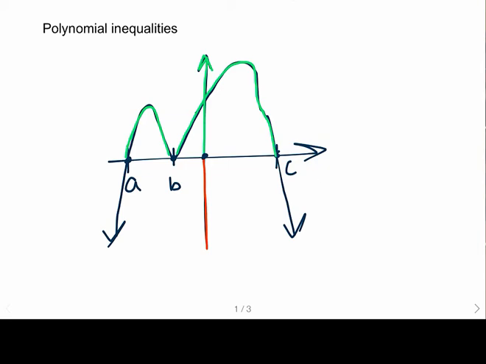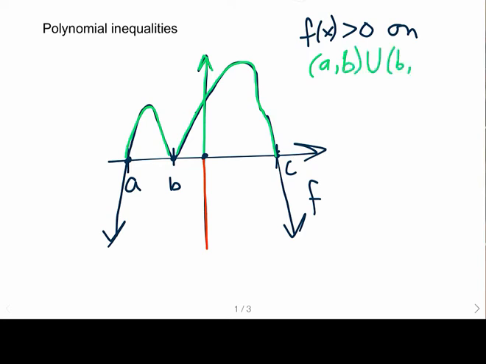If we name this function f, then we can say that f of x is greater than 0 on the intervals from a to b, union from b to c, because at b it's equal to 0, right?